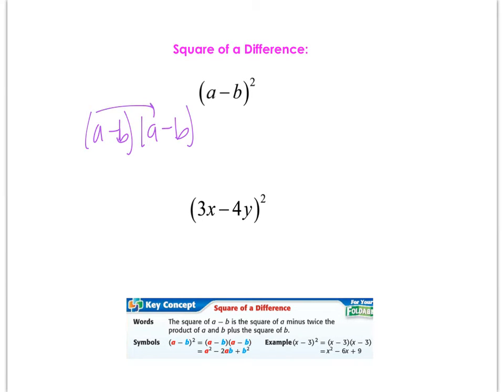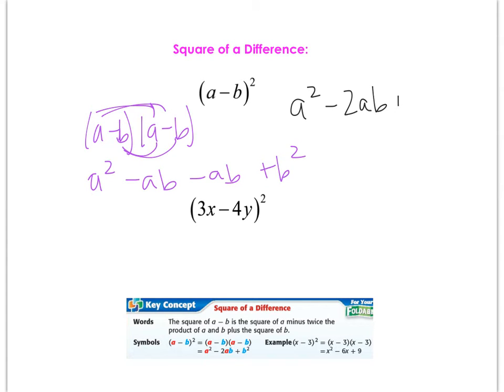If I have a minus b, and let's see if we see the pattern evolve, if I FOIL these two, I get a squared minus ab minus another ab plus b squared. My final answer here is a squared minus 2ab plus b squared, so slightly different than what we got on the last example.